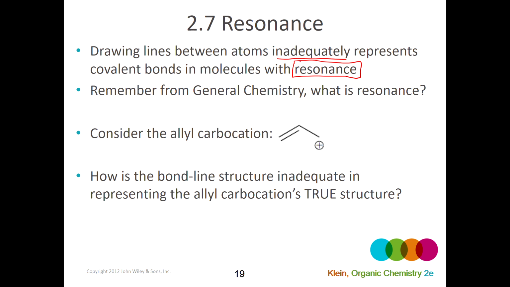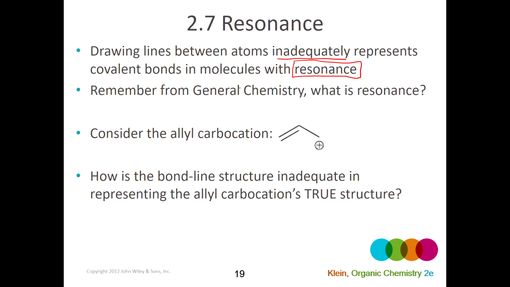It wasn't known to exist, and so he didn't develop a way to represent resonance with a Lewis structure. So we're going to talk about what resonance is, and how to represent structures that have resonance, so we can keep track of what that is and how it affects the molecule.